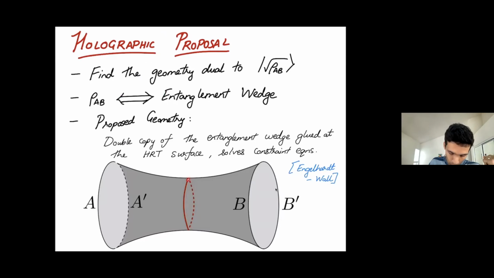So two copies of the entanglement wedge cross section are exactly what the Ryu-Takayanagi surface for AA prime looks like. And hence the entropy of AA prime, which was the reflected entropy, is just given by twice the entanglement wedge cross section. So this is sort of the brief motivation behind why you should trust this proposal.